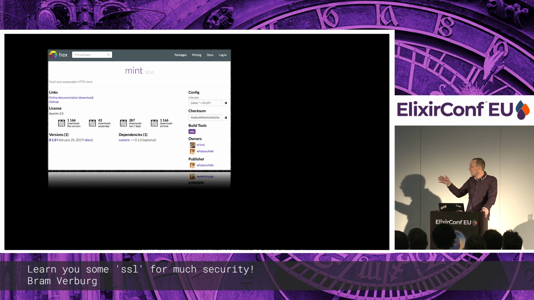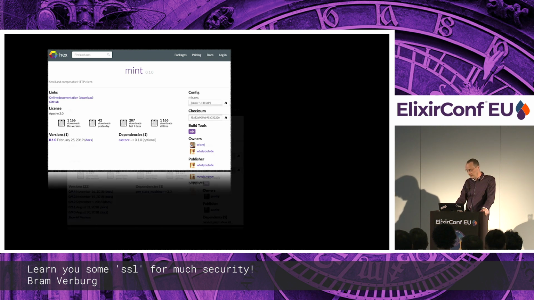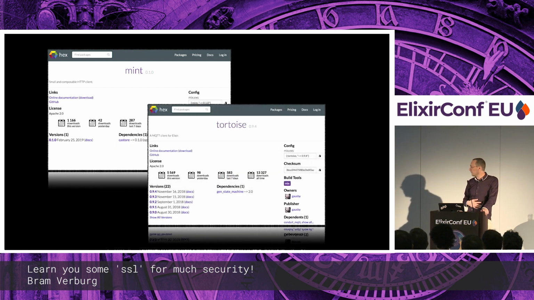It's still in progress, but the TLS defaults are there. And Tortoise, the MQTT library by Martin. These are examples of libraries that not only have secure defaults, but also the documentation makes it clear what's expected from us as users of these applications.